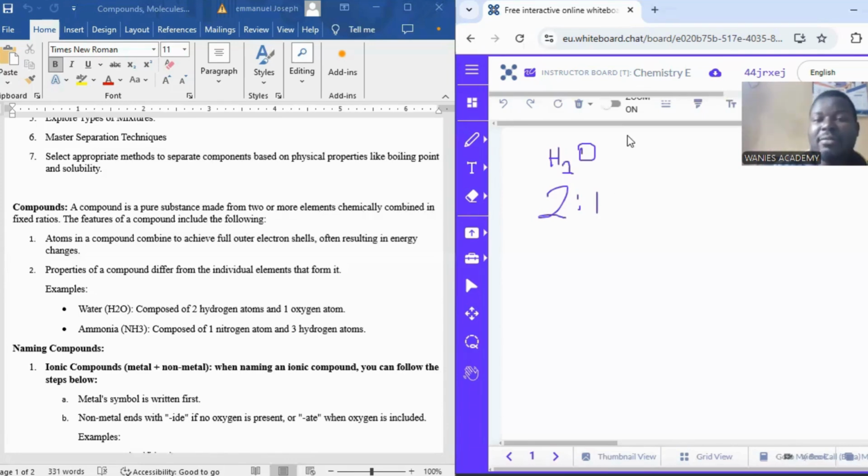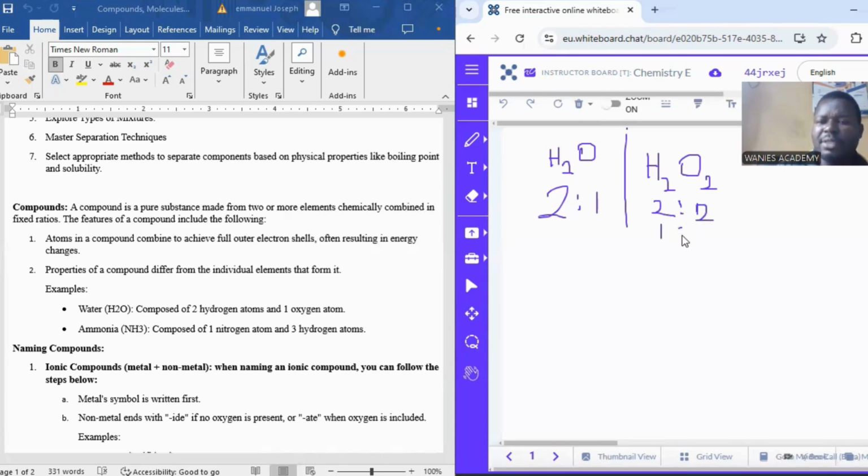To cite an example of a compound that can have the same set of elements but a different fixed ratio, take hydrogen peroxide. This is not water, because here hydrogen and oxygen combine in the ratio 2:2, that is 1:1.